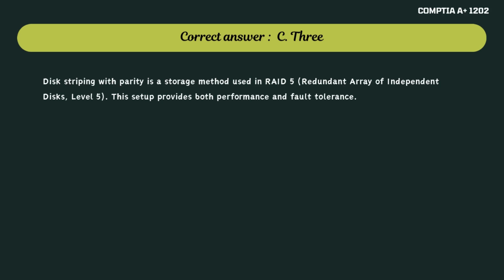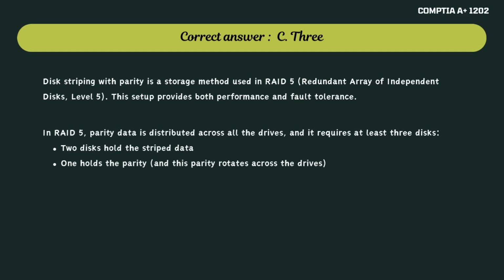This setup provides both performance and fault tolerance. In RAID 5, parity data is distributed across all the drives, and it requires at least 3 disks. 2 disks hold the striped data. 1 holds the parity, and this parity rotates across the drives.